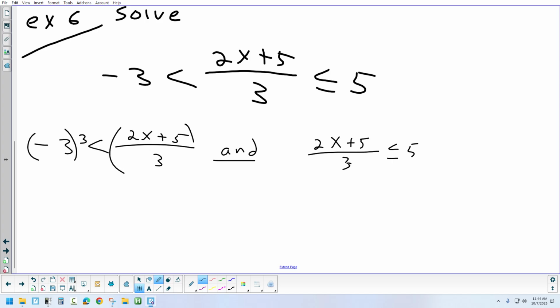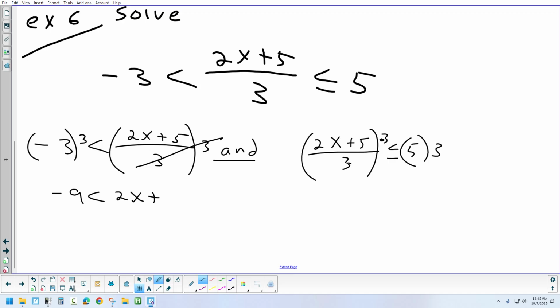So it's times by 3. And I'll do this one at the same time. Times by 3. Negative 3 times 3 is negative 9. And then those 3's cancel. 5 times 3 is 15.